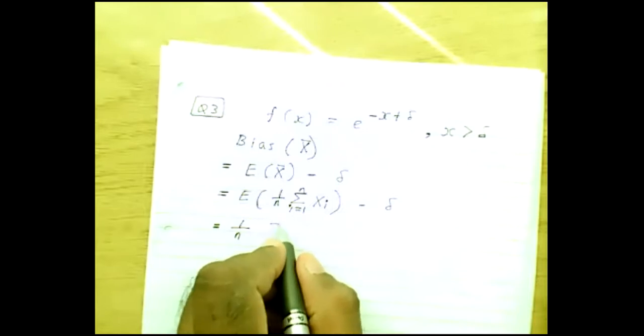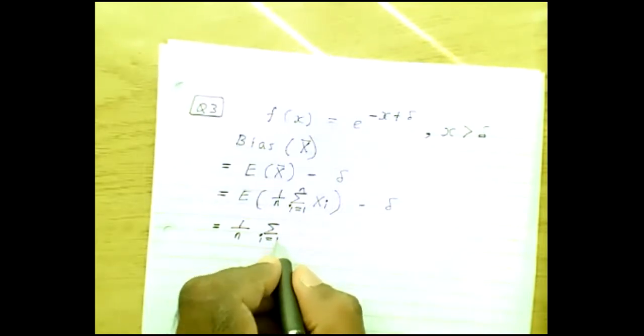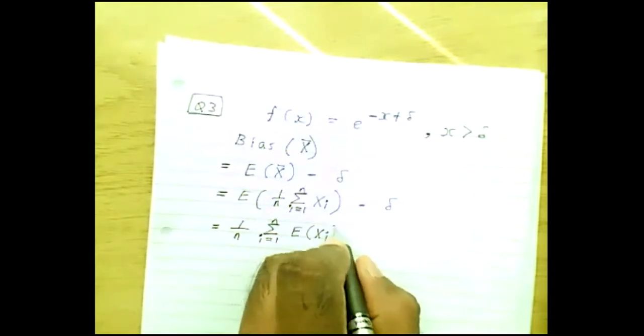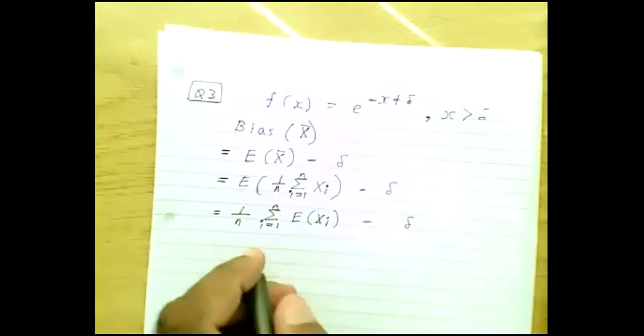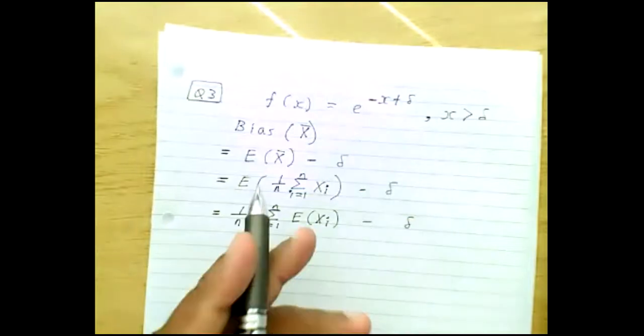Now take the expectation inside, you get 1 over n times the sum of the expectation of Xi, minus delta. Now to find the expectation, you just need to integrate the density.